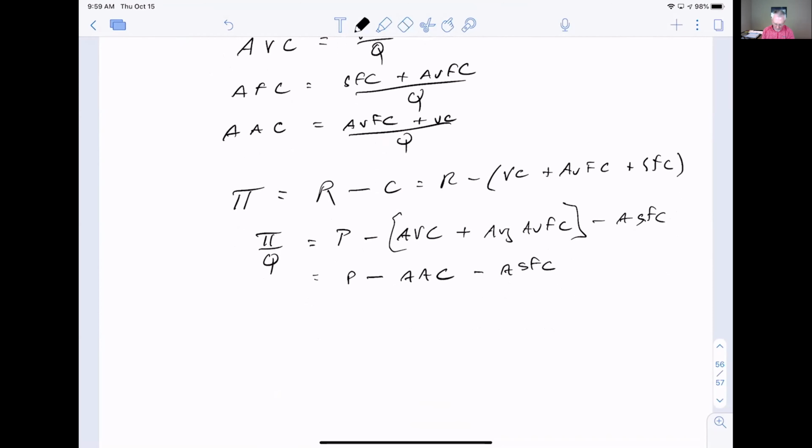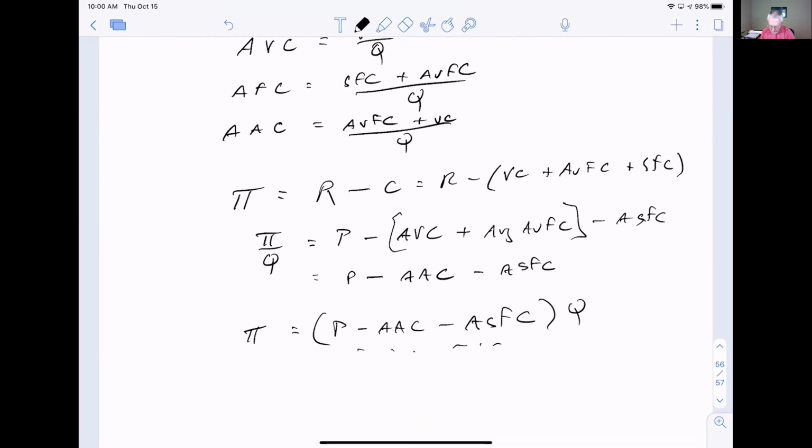So once again, my profits are going to be equal to Q times this term here. So everything's going to depend on this expression in parentheses right there.